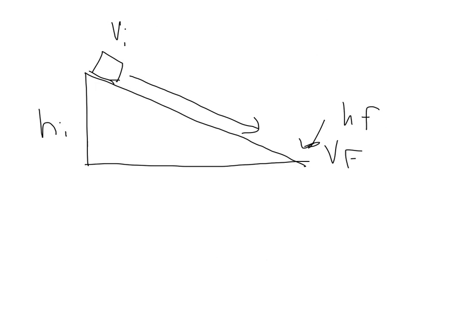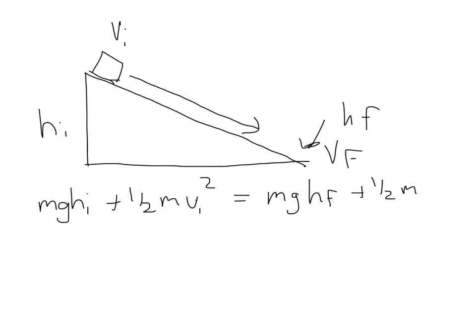If we apply the previous equation for the conservation of energy, the initial potential energy, mg h initial, plus 1/2 m v initial squared is equal to mg h final plus 1/2 m v final squared. All I did was expand the potential energy and kinetic energy terms to reflect what they're comprised of.